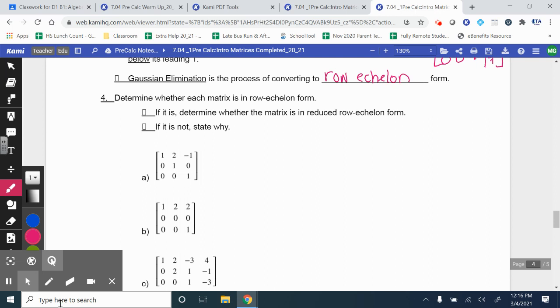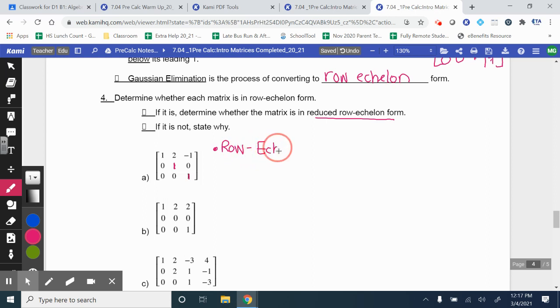Then we also want to decide, is it reduced row echelon form? So for reduced row echelon form, that's when you have to have zeros above and below the numbers. So you'll see this one right here. There's a 2 above it, so that makes it not in reduced row echelon form. Same thing with this one. There's a -1 above it, so it's not in reduced row echelon form. So this is row echelon form.